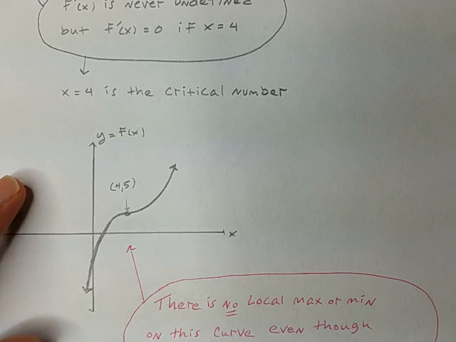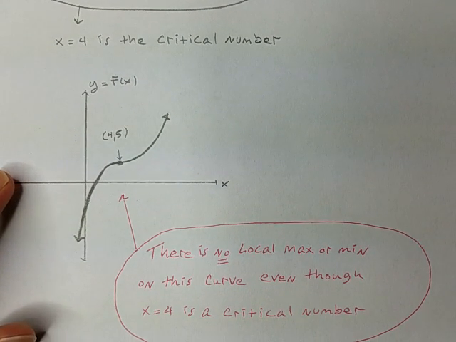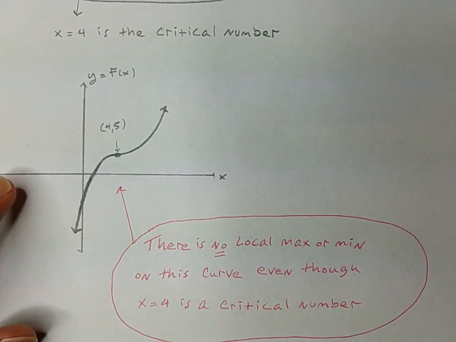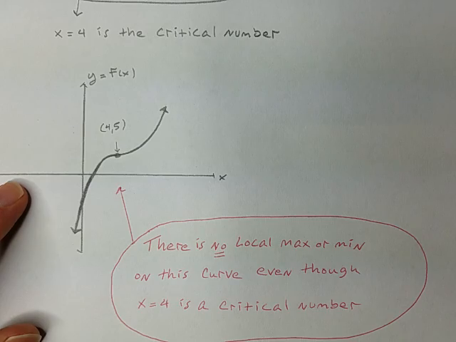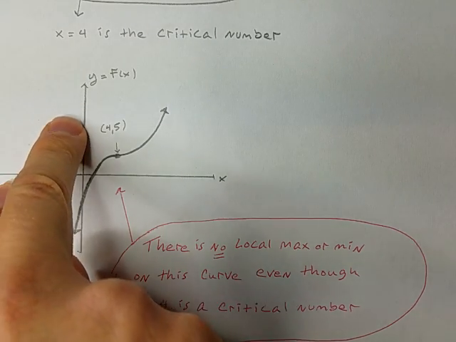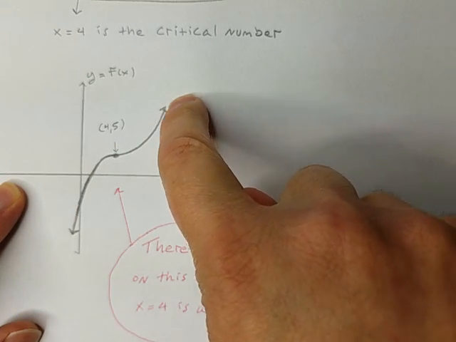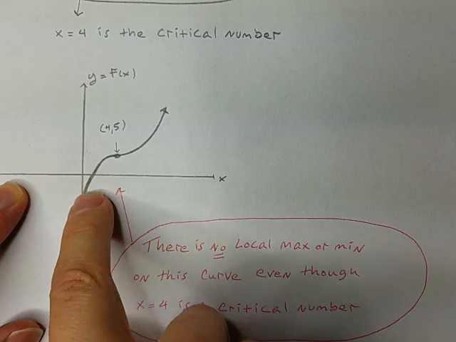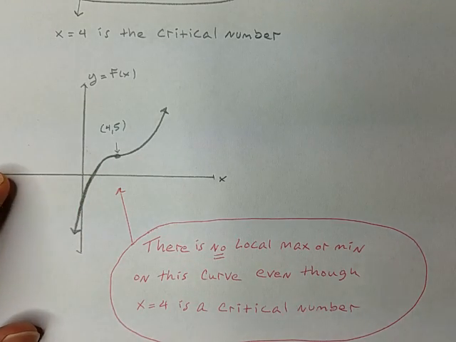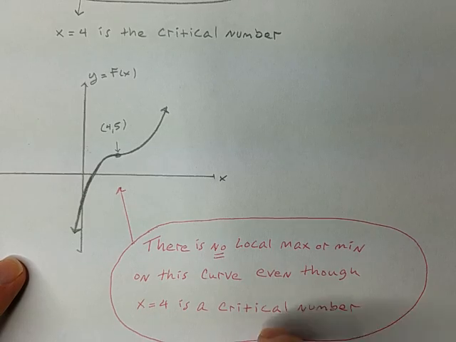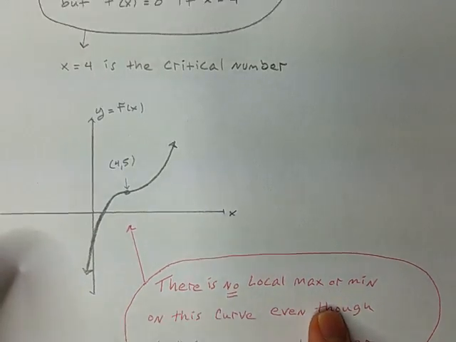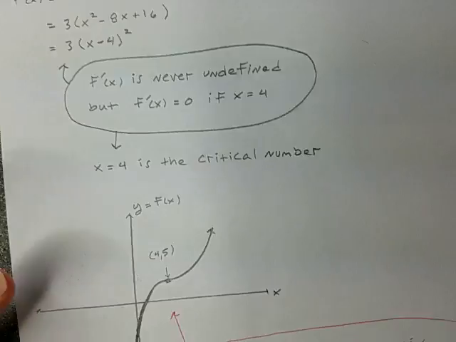Okay? Well, would a curve like that have a local maximum or minimum? Well, no, it doesn't have the right shape. In order to have a minimum, you have to fall and then rise, and in order to have a maximum, you'd have to rise and then fall. So this doesn't do either of those things. It does not have the right shape to have a local max or min, even though we found a critical number.